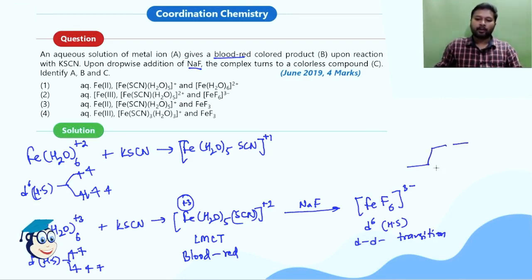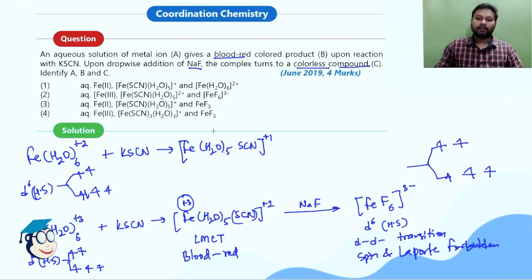Spin forbidden, Laporte forbidden, all these transitions will be spin and Laporte forbidden. So if it is Laporte and spin forbidden, the color of the transition will not be possible. So the band will be colorless. That's why compound C comes out to be a colorless compound.